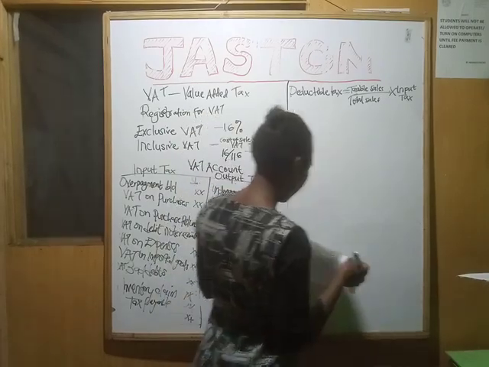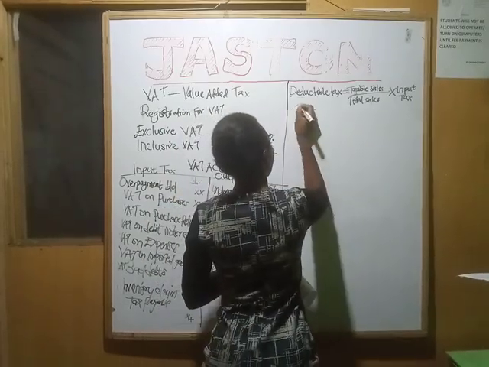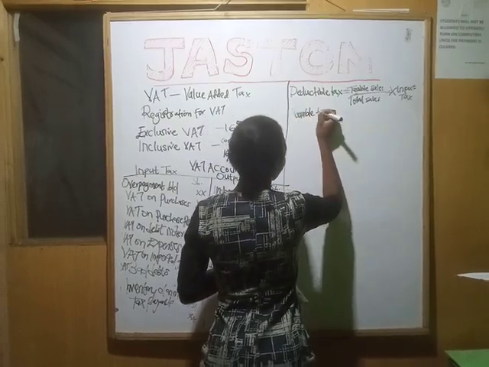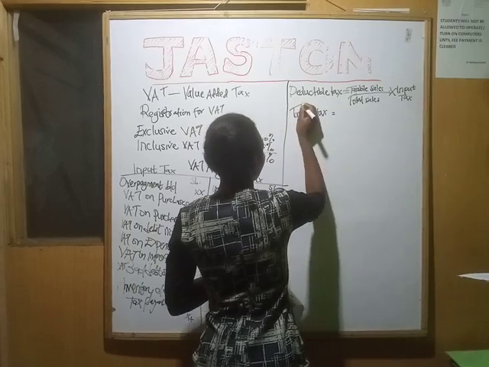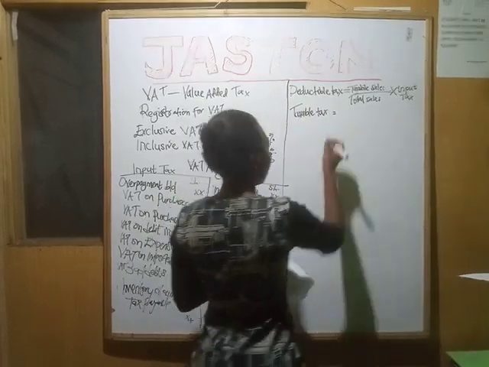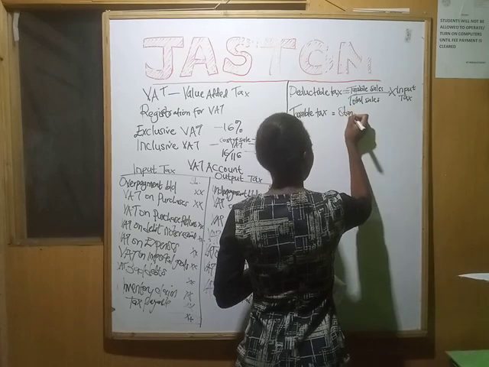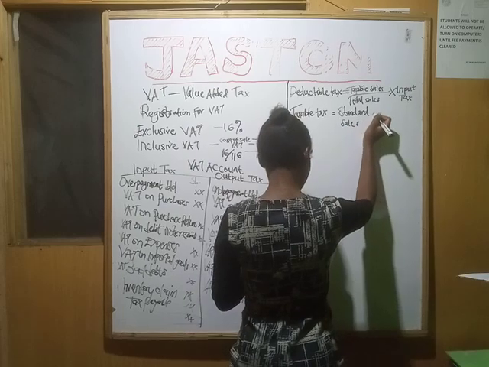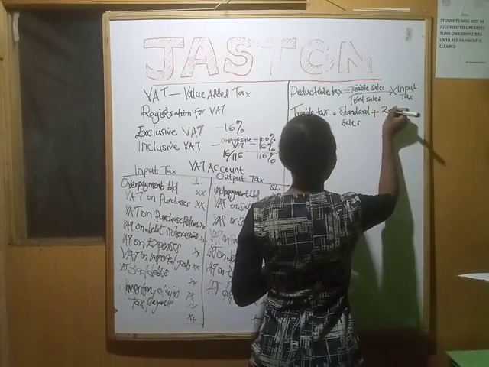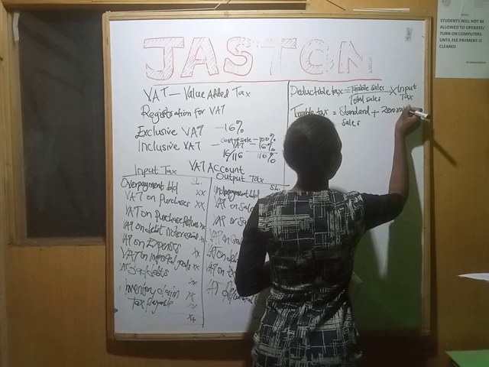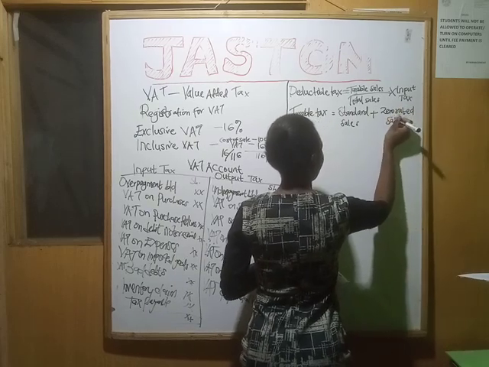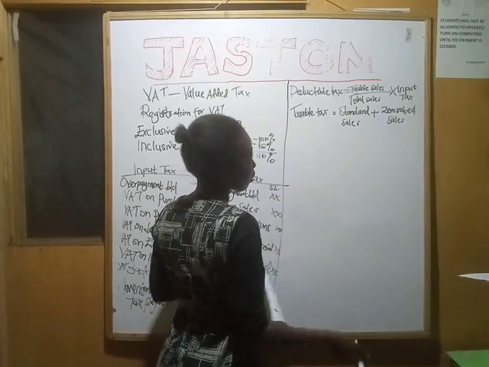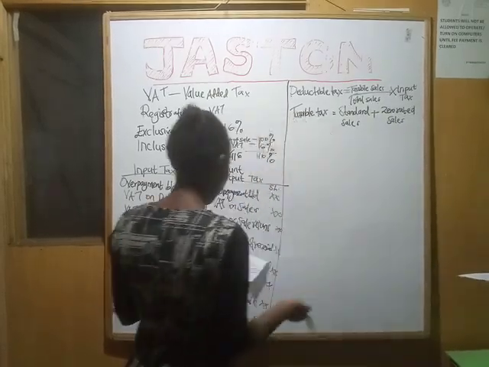We will also have the taxable tax, which is another formula. Taxable tax, we get it by having the standard sales plus zero rated sales.